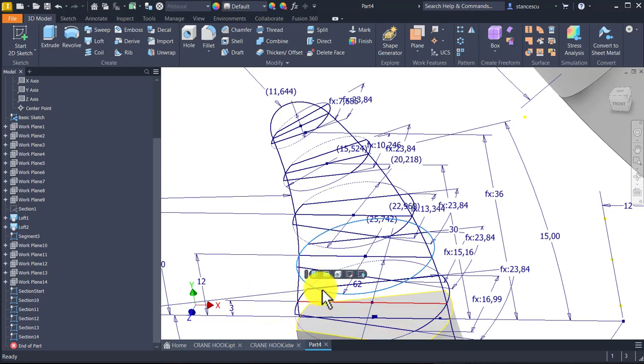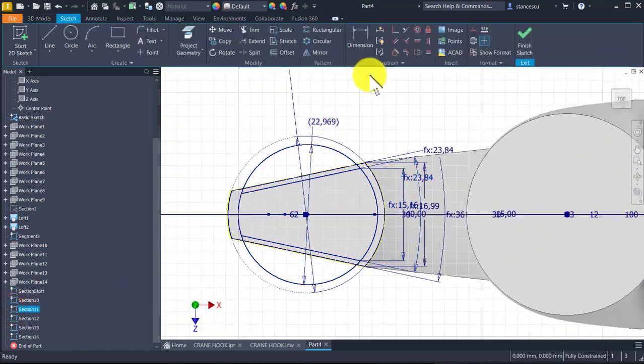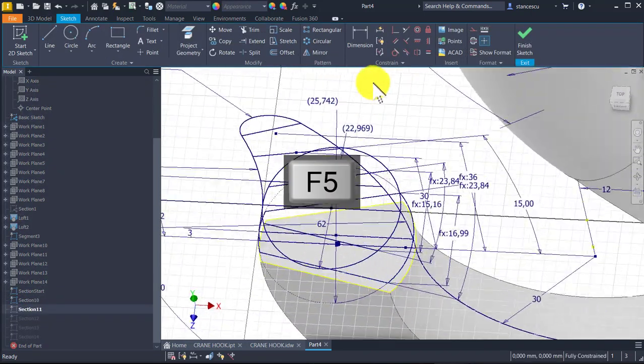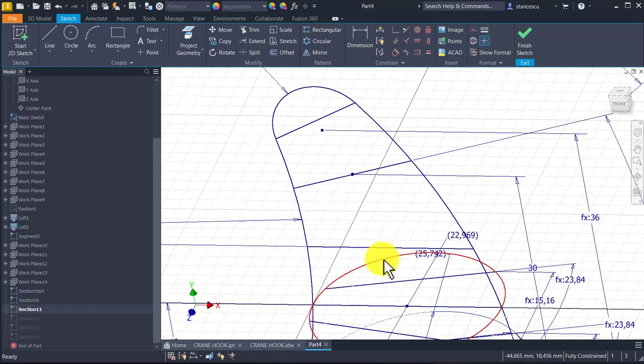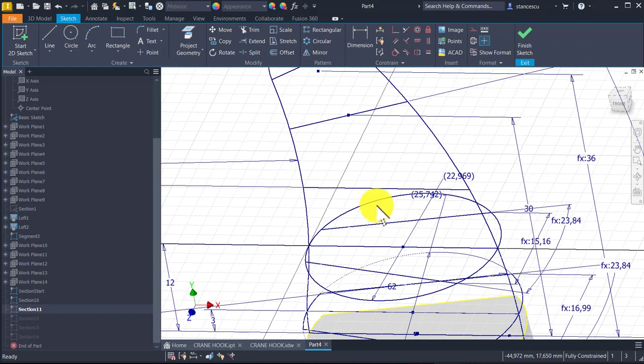This is 1, 2, the second. Double click on it. F5. I didn't apply split and so on here.